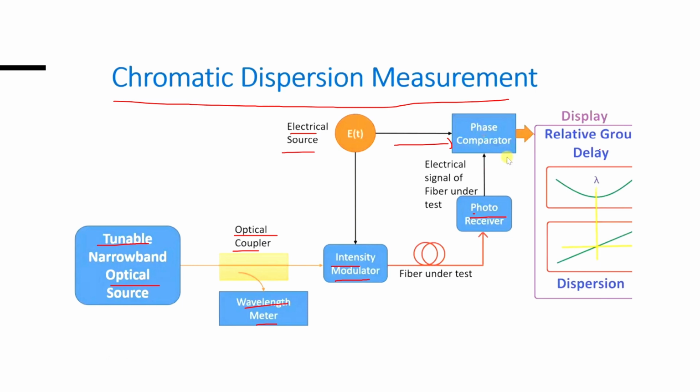Here in this diagram we can see that this is the group delay, and this is the dispersion. And this is the simple explanation of the chromatic dispersion measurement.